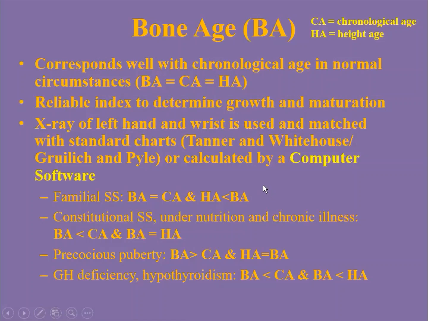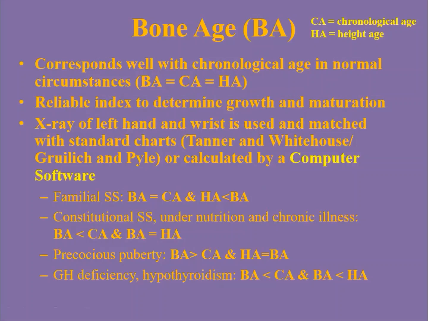Bone age. So bone age corresponds well with the chronological age in normal circumstances. So bone age means the appearance of ossification centers in the skeletal system. So ossification centers are seen in many parts of the skeleton, but when assessing the height of a child, we take the hand.